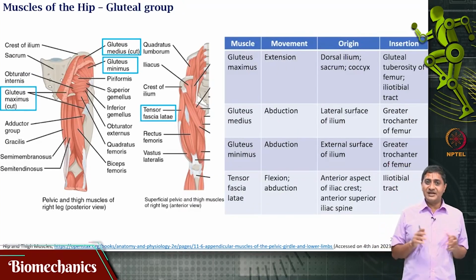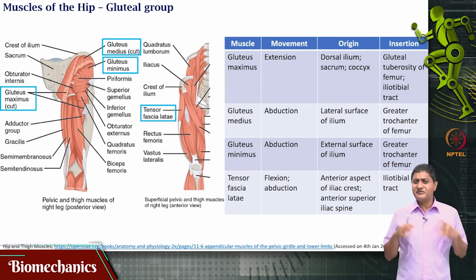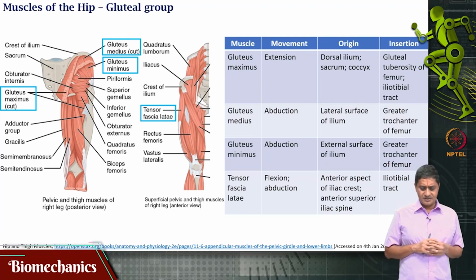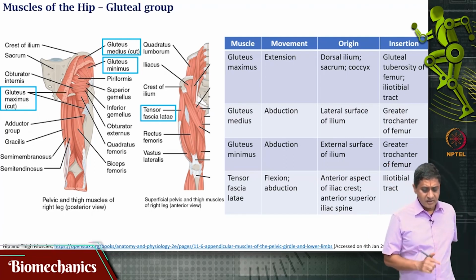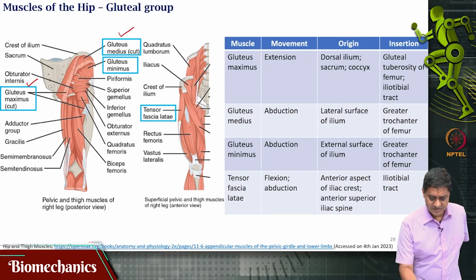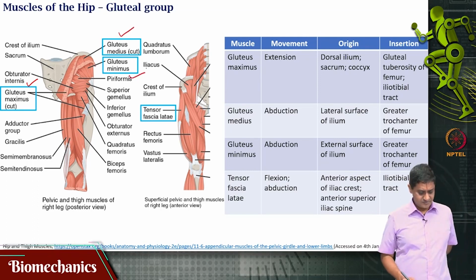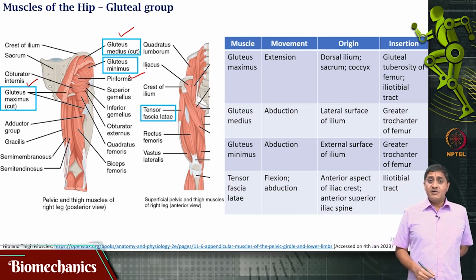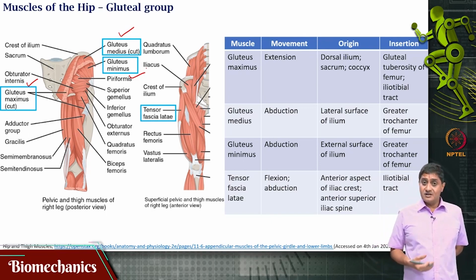Then you have the big muscles that form the muscles of the butt, some of the largest muscles. These are called gluteus maximus, gluteus medius and gluteus minimus. These are among the largest muscles and they are also among the most powerful muscles within the human body.